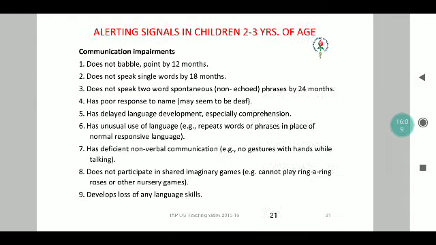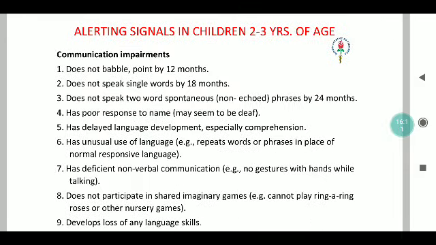Now coming to communication impairments. Inability of babbling by 12 months. Inability to speak single words by 18 months. Inability to have 2 spontaneous phrases by 24 months. Poor response to name, which might often be confused with deafness. Delayed language development, especially comprehension. Unusual use of language.